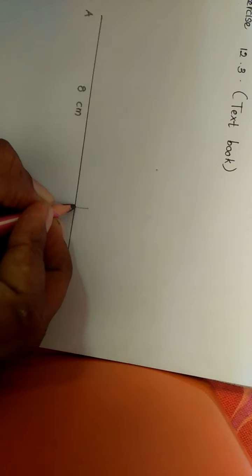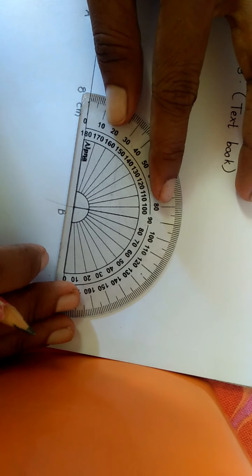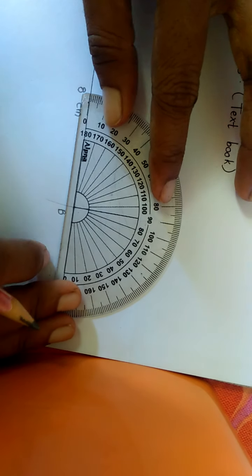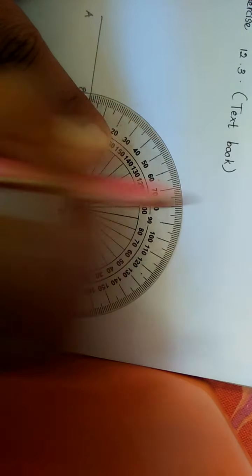Then use a protractor. I took my protractor to measure an angle of 50 degrees from B. You should start from B. Where is B? Here you can find B. Use your protractor and keep it like this and measure 50. Starting from here, you can see 50 is here.